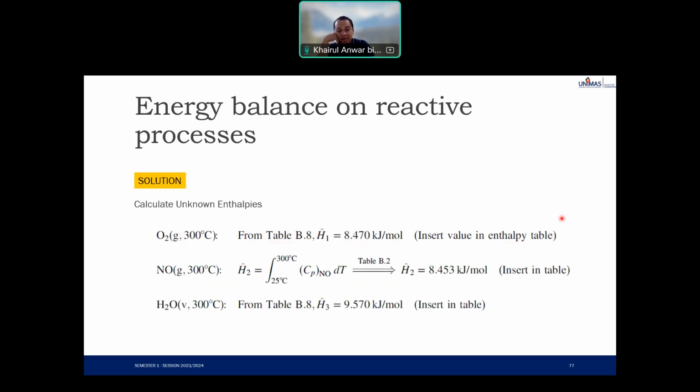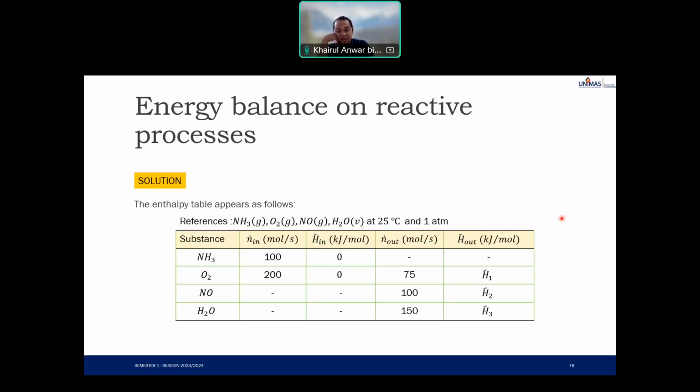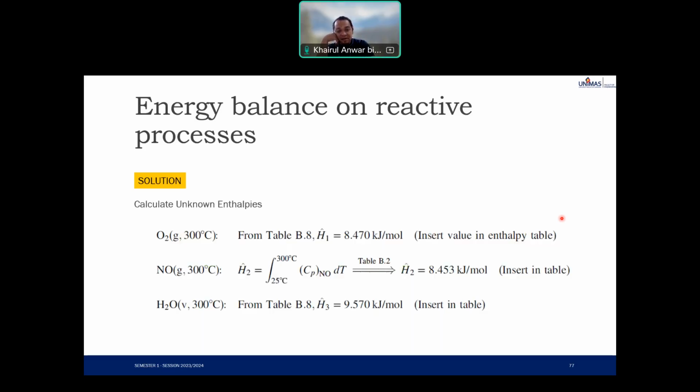So from table B8, H1 is equal to 8.47 at 300 degrees C for oxygen. H1 is H out for oxygen. For NO here, there is no table B8 for NO, so you need to use the normal method, the traditional method, using table B2, because there are no phase changes, gas to gas.